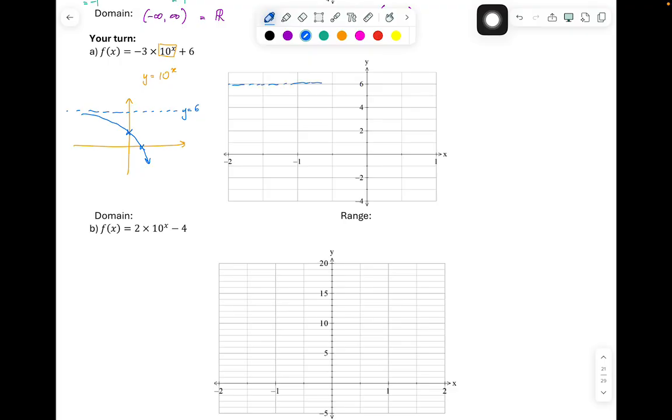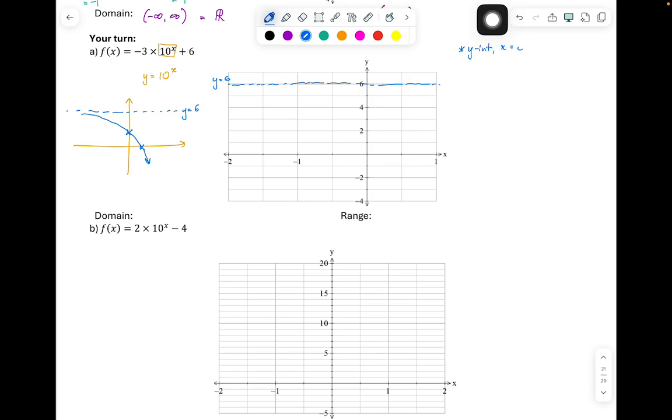So we've got a horizontal asymptote at y equals 6. We just need to find out our y-intercept and our x-intercept. Let's go ahead and find our y-intercept first.